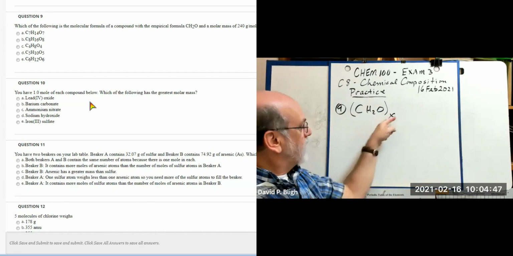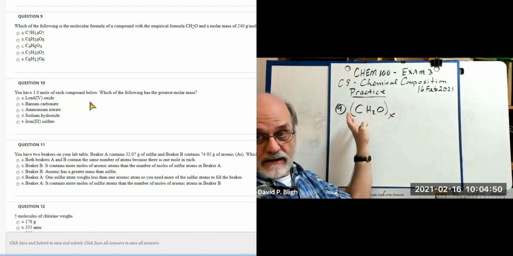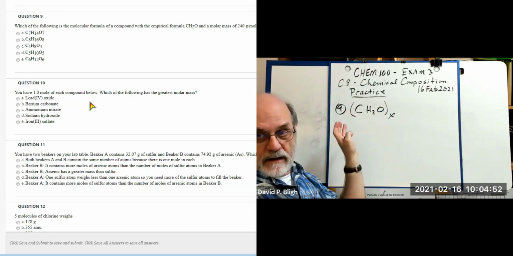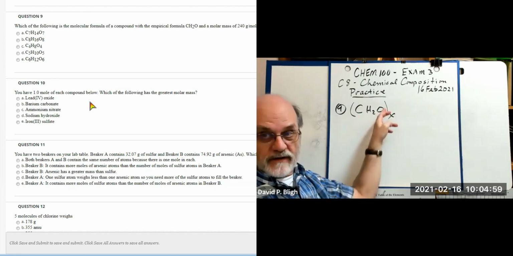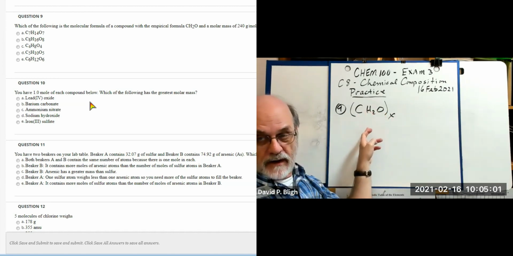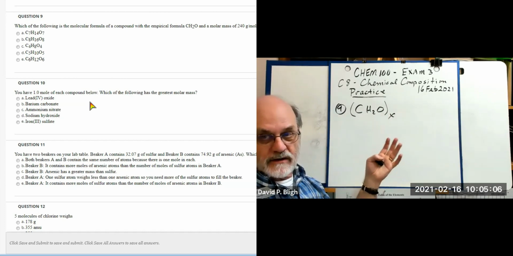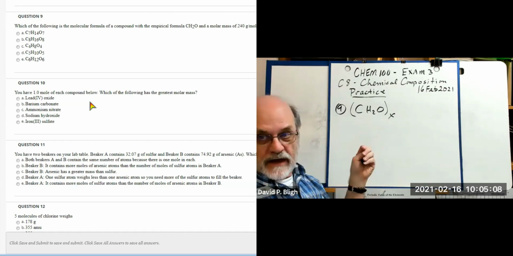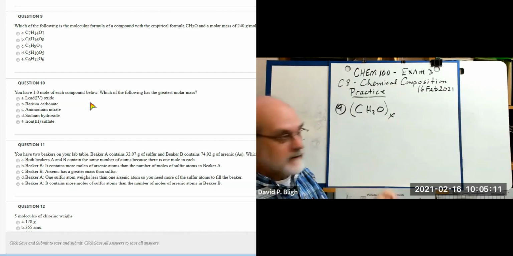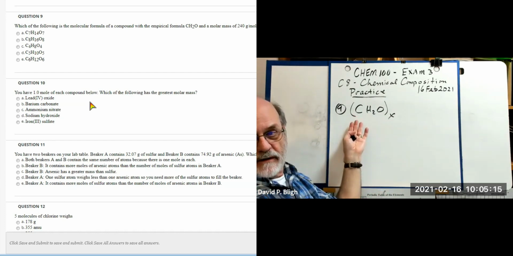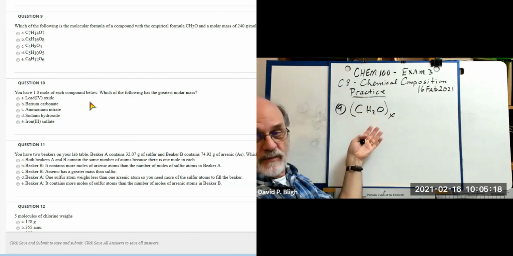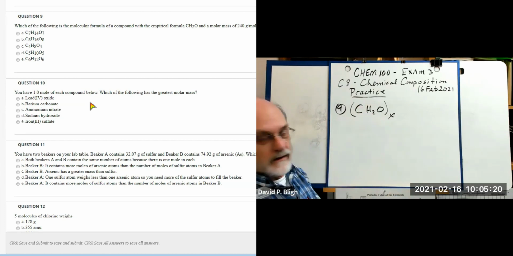And remember, when you multiply times everything inside, if this has a given molar mass, then that multiplier not only multiplies the number of each of the atoms in here, it also multiplies the molar mass. So if you compare the molar masses of the two, then you can deduce X. When you have the empirical formula and you determine the molar mass for it, I call it the empirical weight.